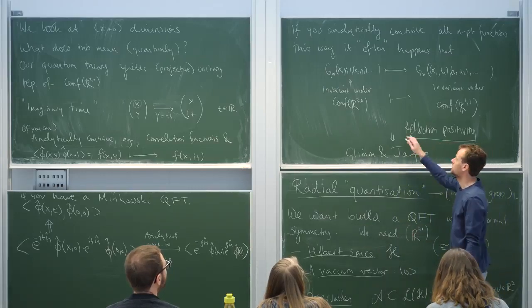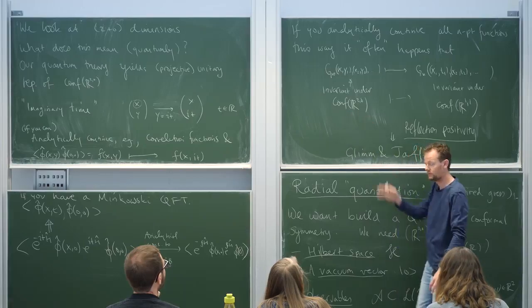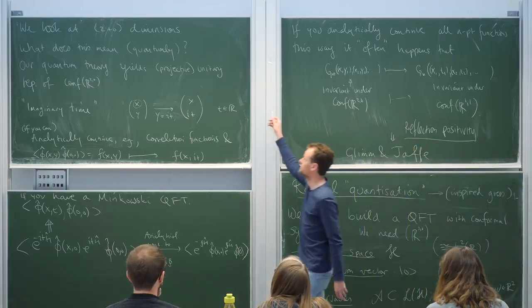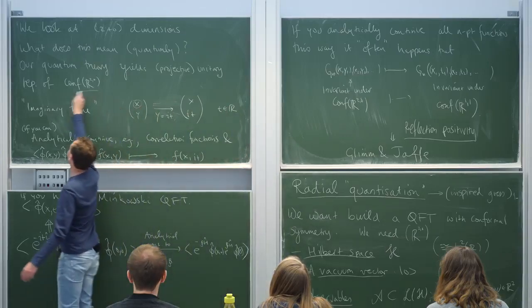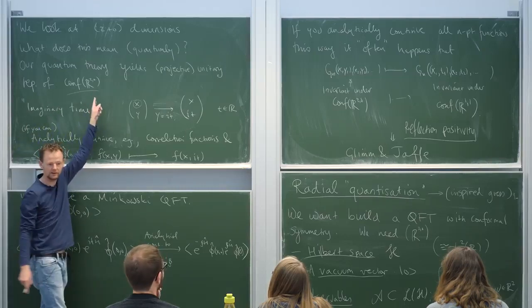We want to focus on building these kinds of quantum field theories. What is this kind of quantum field theory? Well, it's a field theory with these kinds of observables and which gives a projective unitary representation of that group. Now, it turns out that that's different to what we usually do. We have not as yet in your quantum field theory experience constructed such a quantum field theory that gives a representation of that.